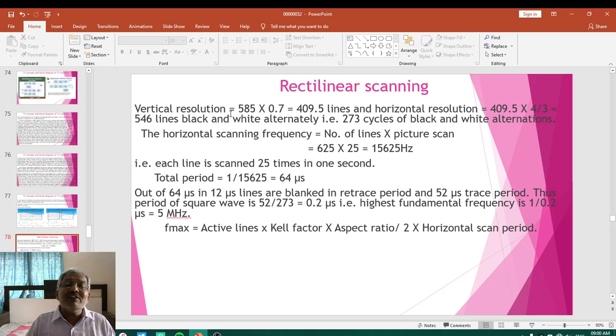Means vertical resolution can be calculated by using the number of active lines, that is 585, into 0.7, that is the scale factor, that is going to give you 409.5 lines.